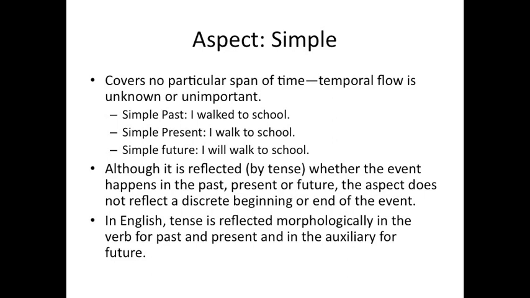But for the first person, I walk, and for the second person, you walk. Now for future, notice that you have the added auxiliary, will, and that's what marks the future tense in English. So it's not marked on the verb, it's with this added auxiliary.